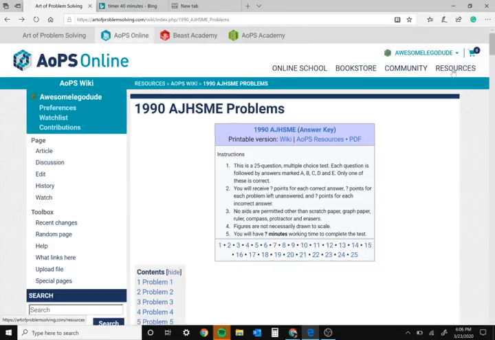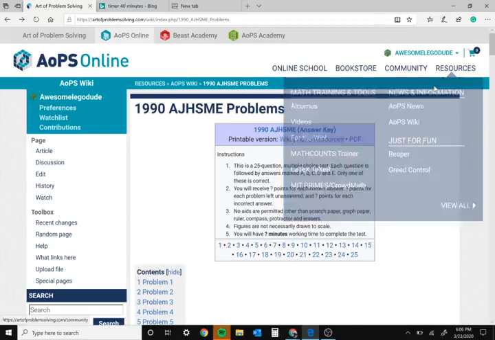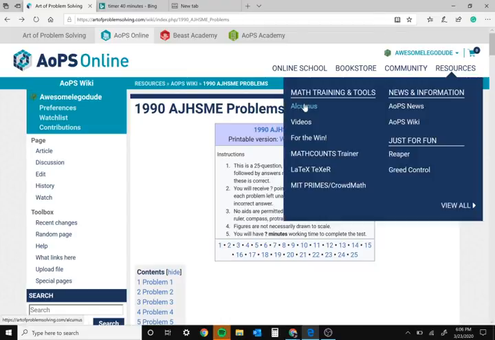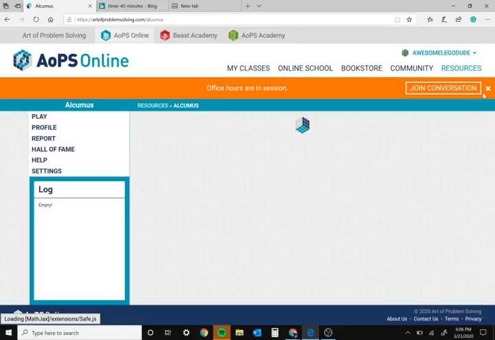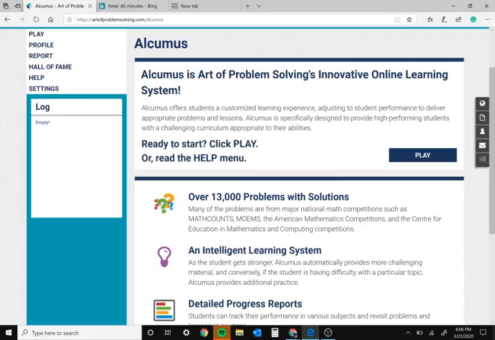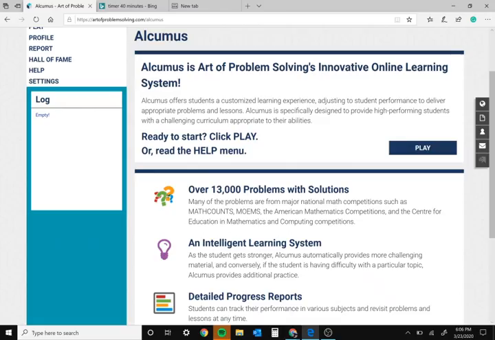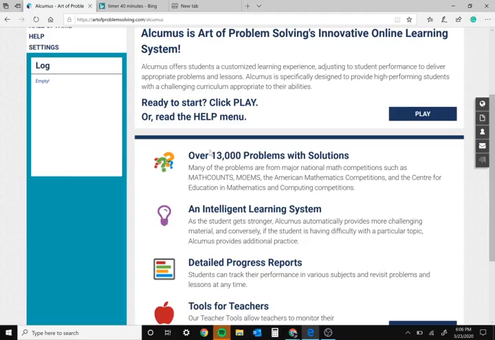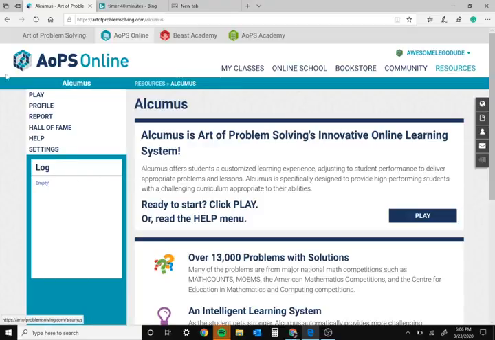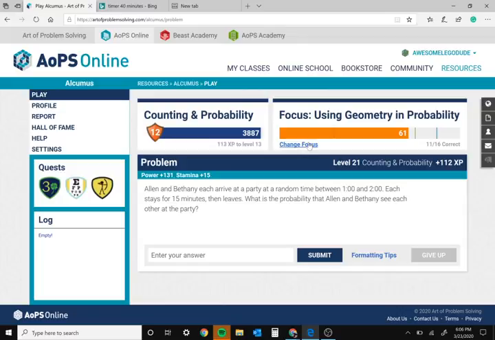Okay. So here we are. There's many things. Let's start on the resources page, shall we? Let's start with Alchemist. What's this, you might say? Wow, I know. You can read this, pause it, whatever.